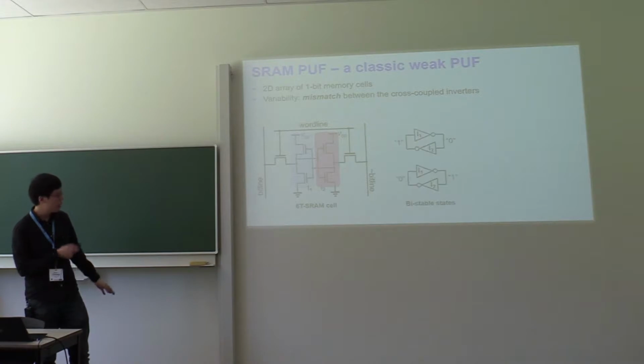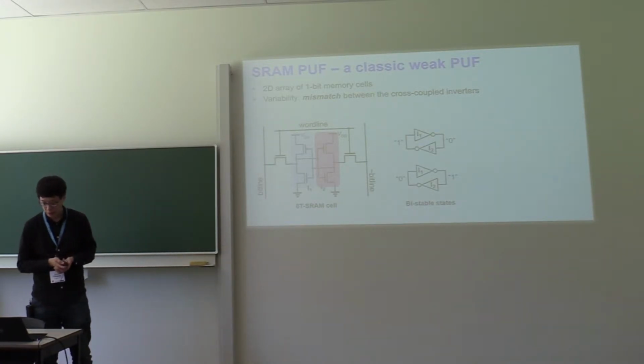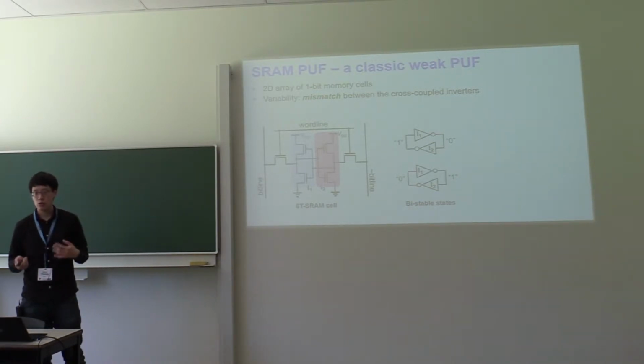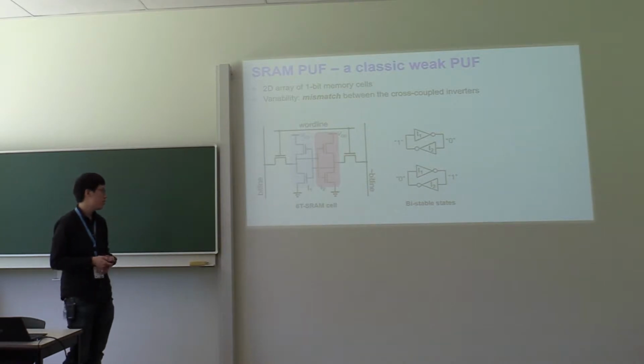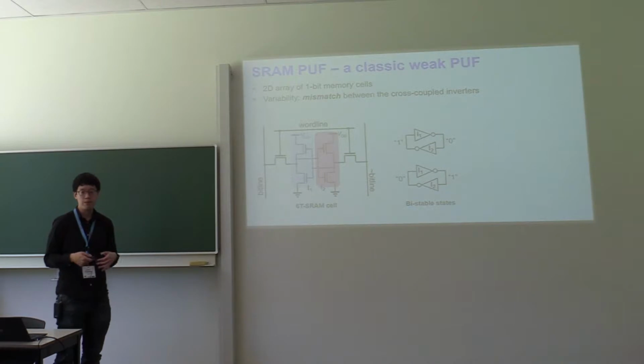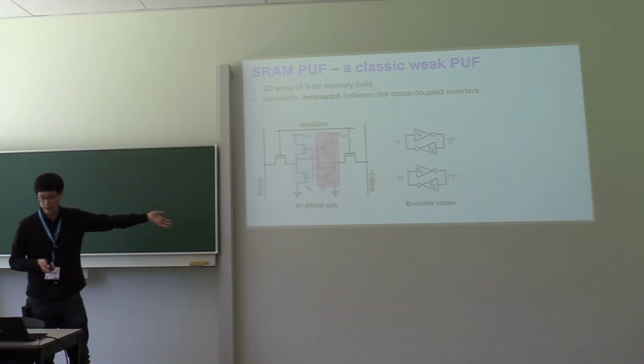If you plot it in a more simplified block diagram, you'd have two inverters connected back to back, and it forms a loop. In this case, for SRAMs, the circuit state can be stable with either a 1 or a 0.